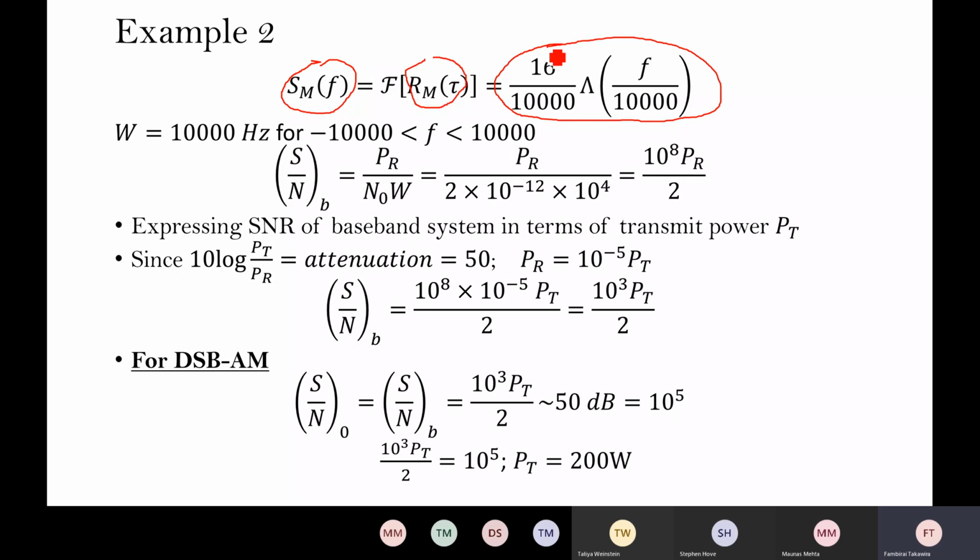And that rectangular function in frequency will have values of f going from minus 10,000 to plus 10,000. And that 10,000, we obtain by looking at this value here. So if this value here that I'm circling was 1, then your rectangular function pi f would have frequency components going from -1 to +1.